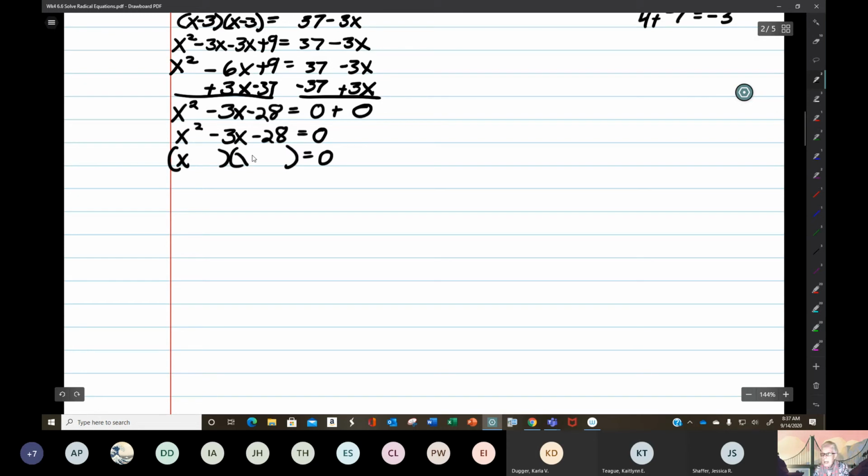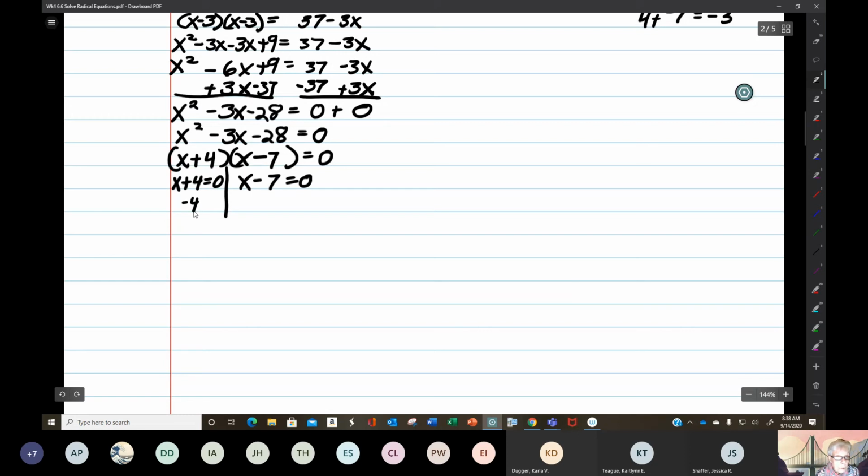And 4 is going to be positive, and 7 is going to be negative, like that. And then I'll set each factor equal to 0. So x plus 4 equals 0, and x minus 7 equals 0.